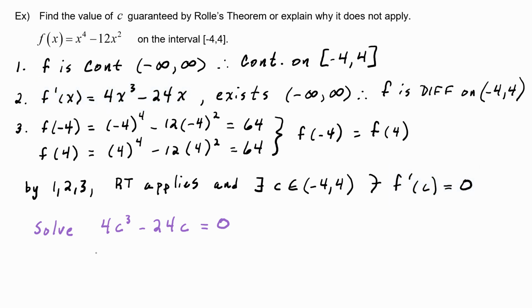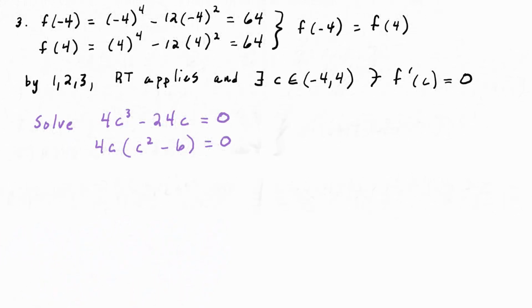We can factor out a 4c, and we would have left c squared minus 6 is equal to 0. And of course, we would apply the zero product property and look at 4c has to equal 0, or c squared minus 6 has to equal 0.